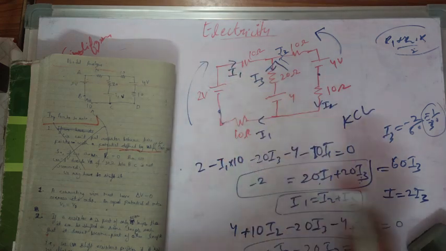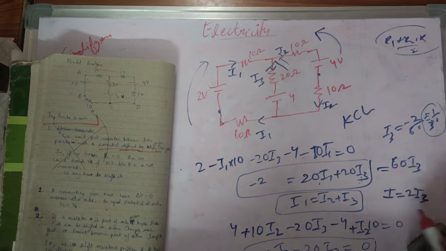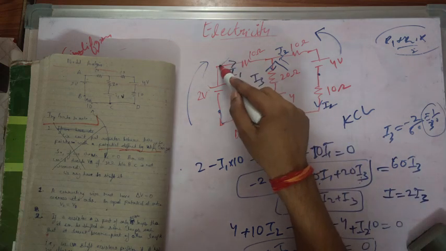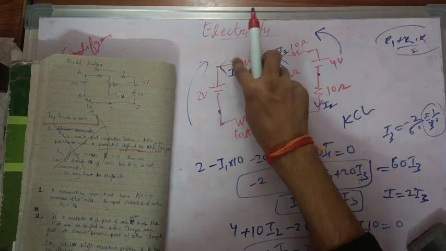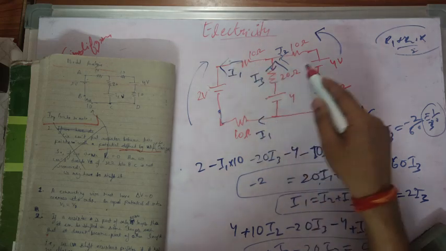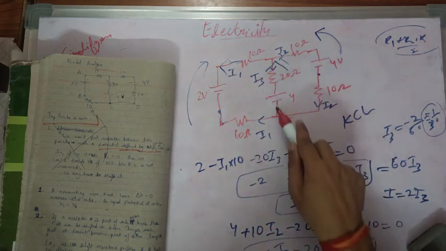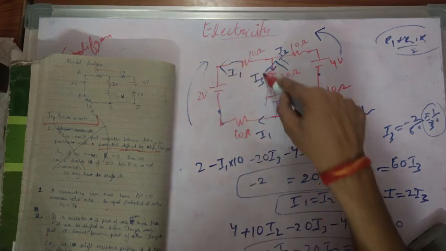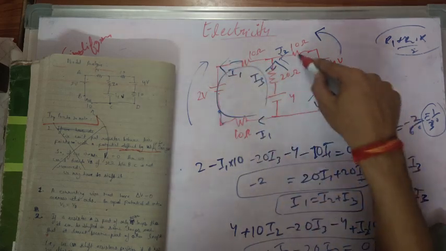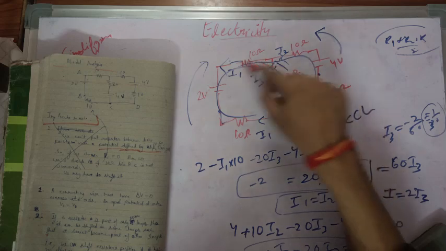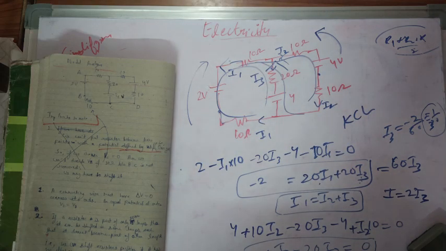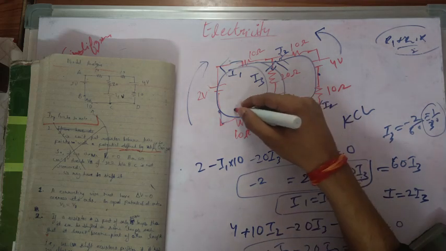And the I1 current, which is 2 times of this, is flowing again in this direction. Since I3 is negative, all of them become opposite, so the current is flowing like this, in this manner.